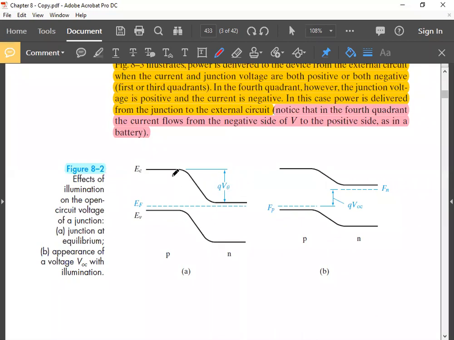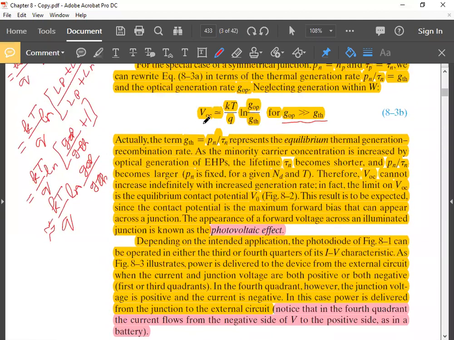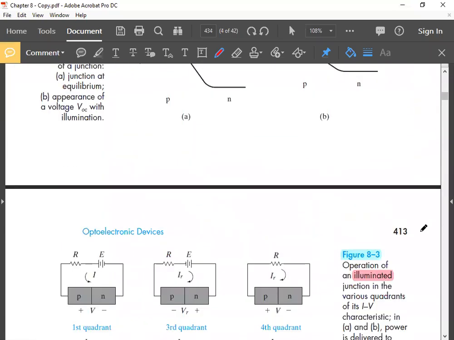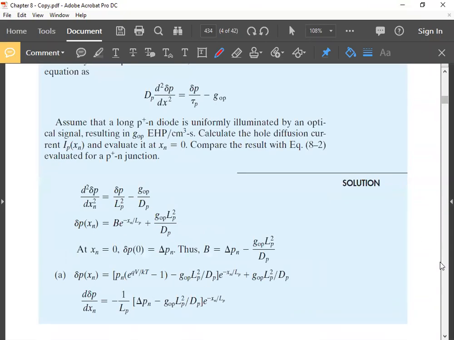So qV0 is less than Eg, so V0 has to be less than Eg by q. That means VOC also is less than Eg by q. For silicon, the forbidden gap or band gap is around 1.12 electron volts. So you can understand V0 has to be less than that voltage, right? So that is a limitation.